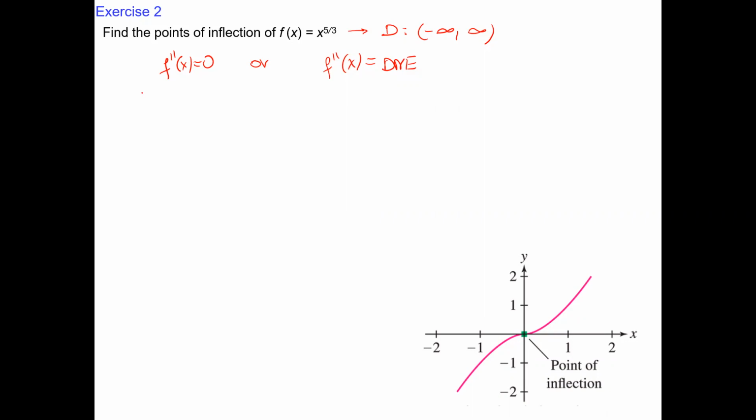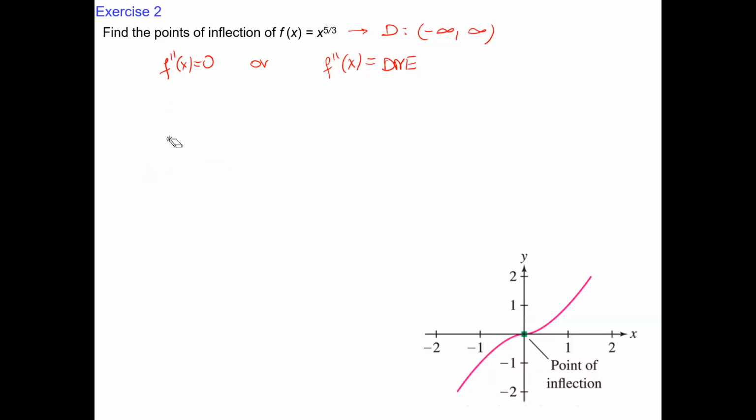Okay, let's find the derivative. Derivative is 5/3 x to the power of 2/3. Let's rewrite a little bit: 5/3, and this is cube root of x squared. This is the first derivative. Let's wait.